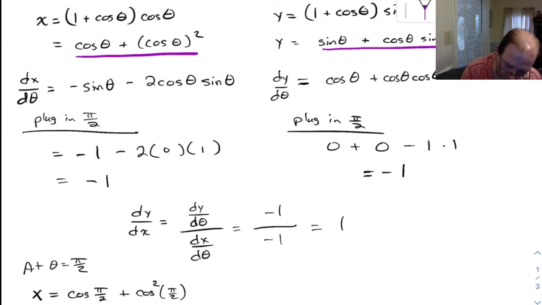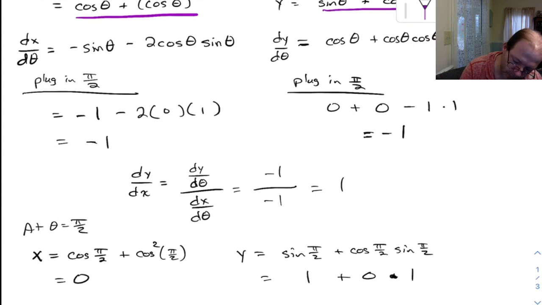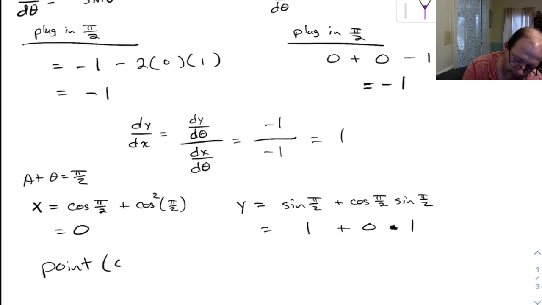It is 0. And the y coordinate is going to be sine pi over 2 plus cosine pi over 2 sine pi over 2. So sine of pi over 2 is 1 and cosine is 0. So we're looking at the point 0, 1 and the slope. What is the slope? The slope was 1.